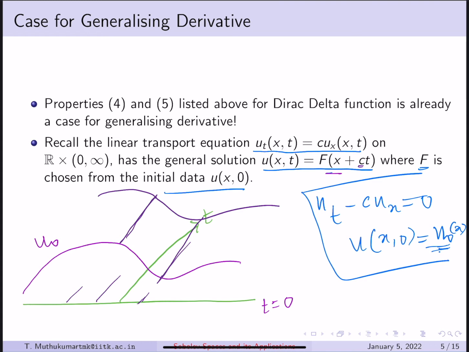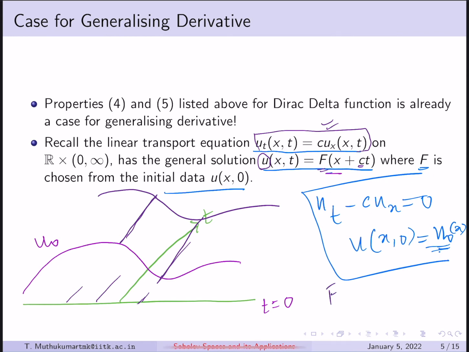Why am I describing all these things here? It means that if you want your u to be a solution to the transport equation, then you have to choose f such that it satisfies this equation, and this equation is a first order PDE. That means you would have to choose f in C1.